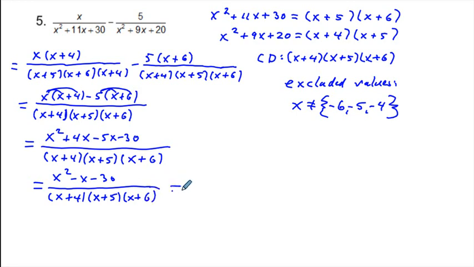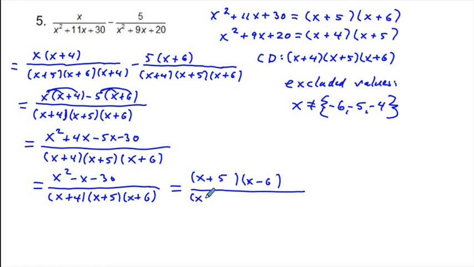And now I'm going to just work over to the right here for purposes of room. So x squared minus x minus 30 is going to be, let's see, let me write this out, x plus, x minus, and it's going to be what two numbers multiplied together equal 30, but differ by 1. That's going to be 6 and 5. So it's going to be x minus 6 times x plus 5.